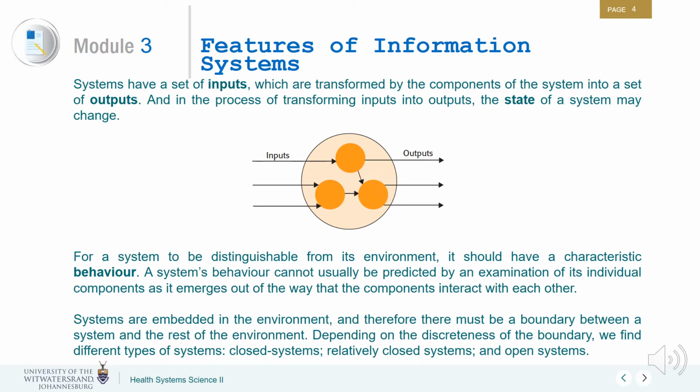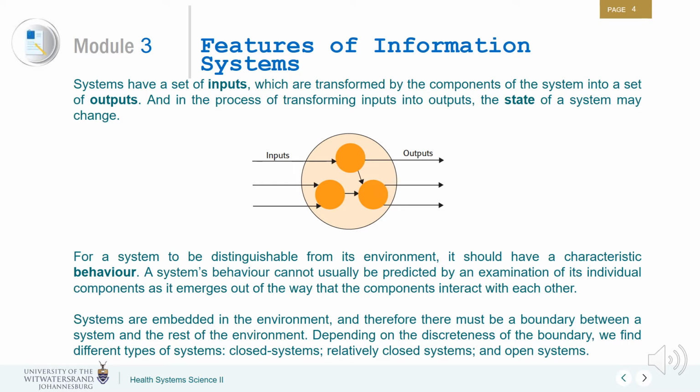So some systems are closed. Other systems are relatively closed, so the boundaries are a little bit more porous. And some systems are open. So closed systems have no external inputs and outputs. So everything happens within that system, within the boundaries of that system.